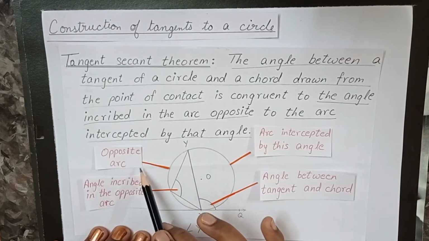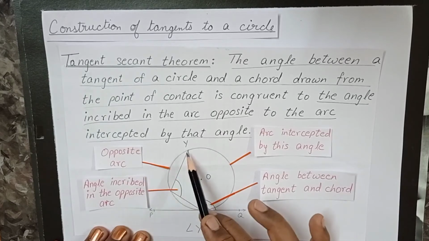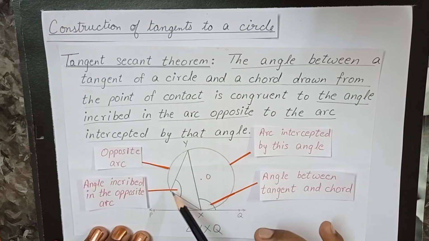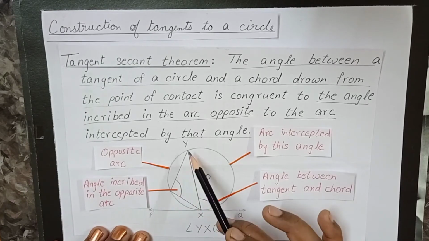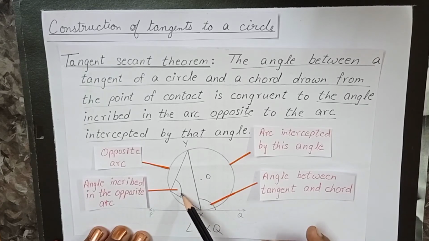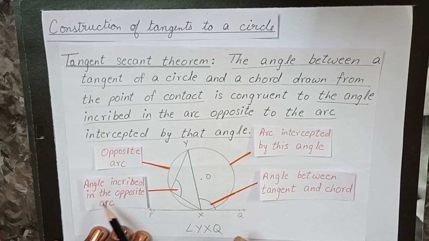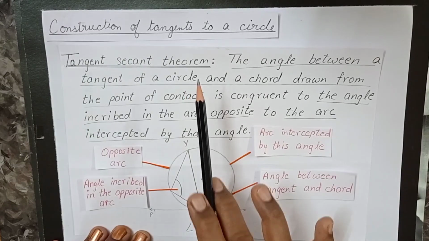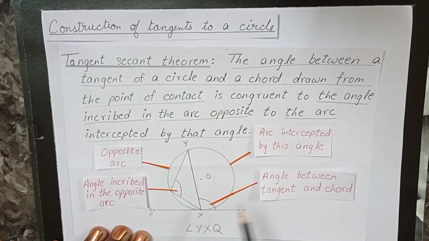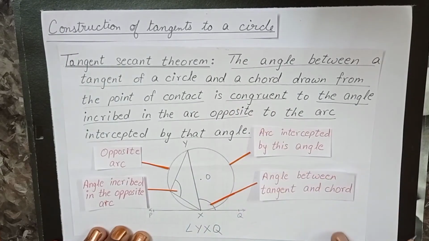Okay, if we inscribe an angle anywhere inside this arc, this is the angle inscribed in the opposite arc, right? Now the tangent secant theorem says that this angle and this angle are congruent.